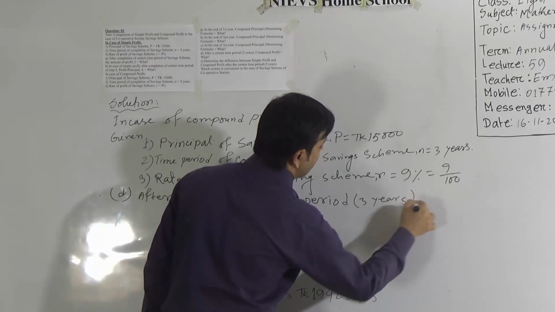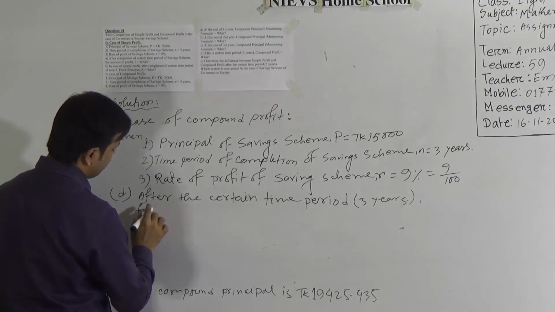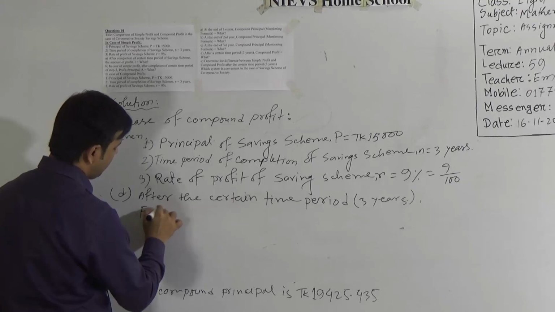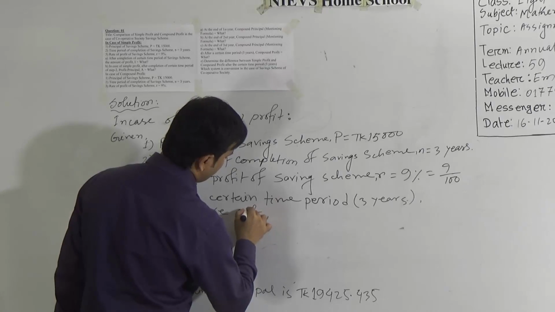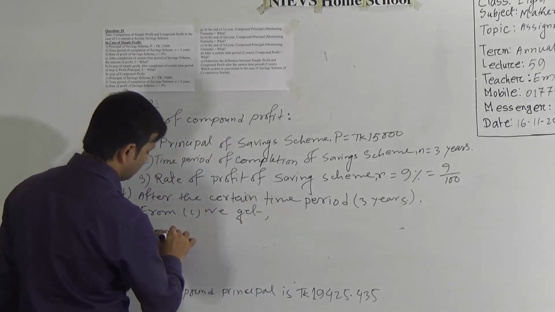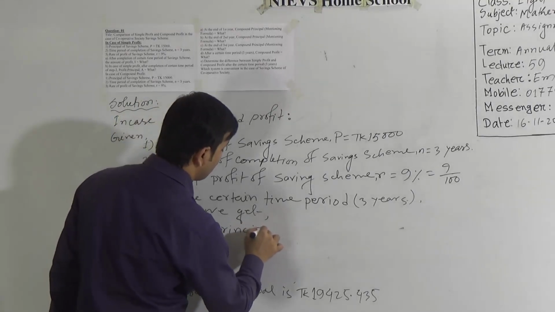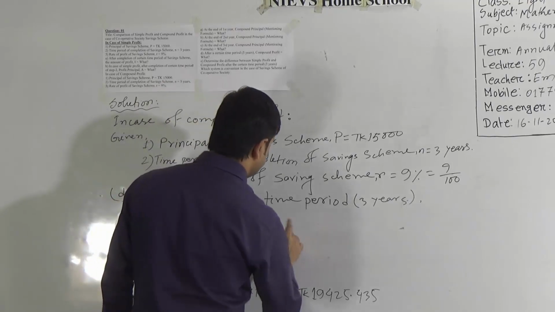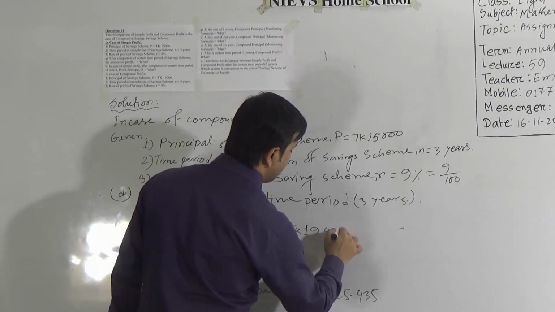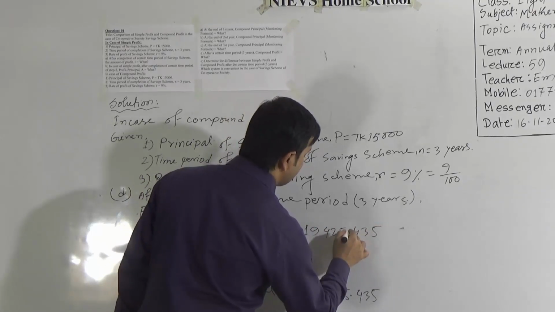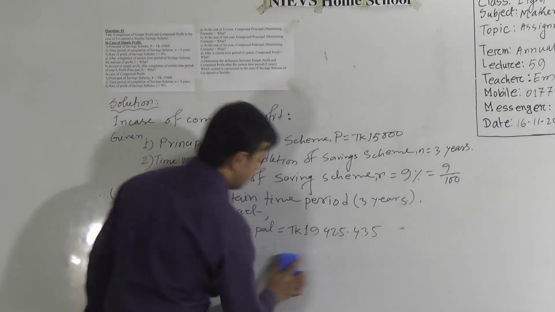From C we get the compound principal. What is the compound principal? The compound principal we have obtained is taka 19,425.435. This is our compound principal after the certain time period.